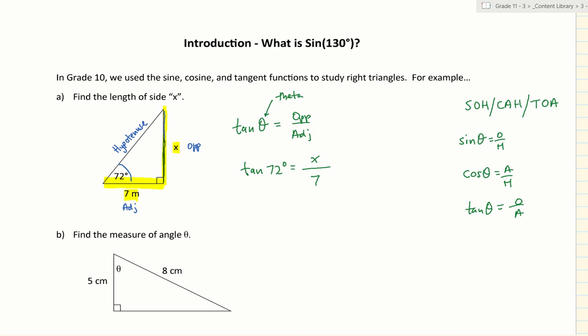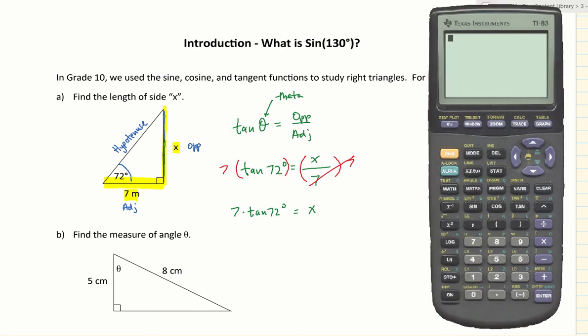Okay. Now, this little formula here, we could multiply both sides by 7. And x is equal to 7 times tan of 72 degrees. And if we work that out, 7 times tan of 72 degrees gives me 21.5.